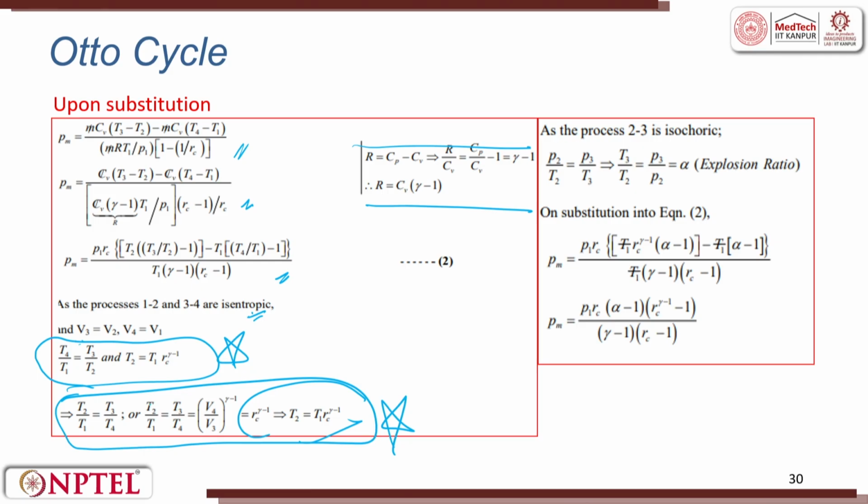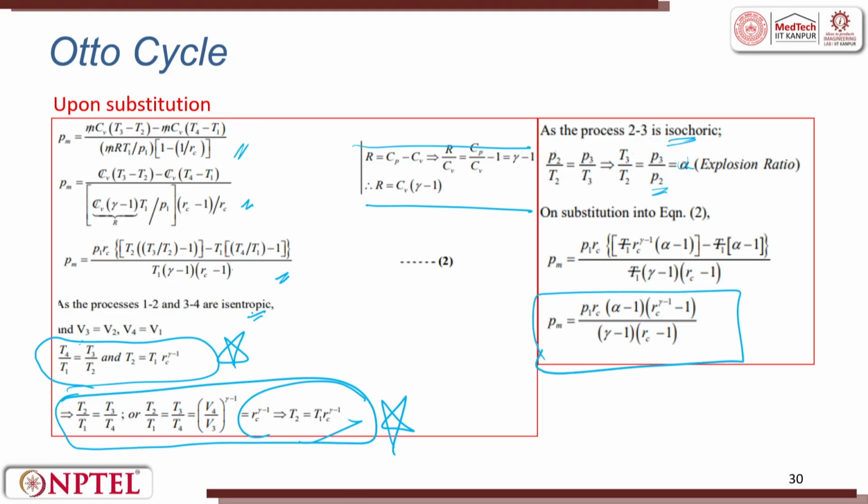Between 2 and 3, it is an isochoric process, so P2 by T2 is equal to P3 by T3. So T3 by T2 is equal to P3 by P2. This is alpha, the explosion ratio. Now substituting it back into the earlier equation, we get this one.